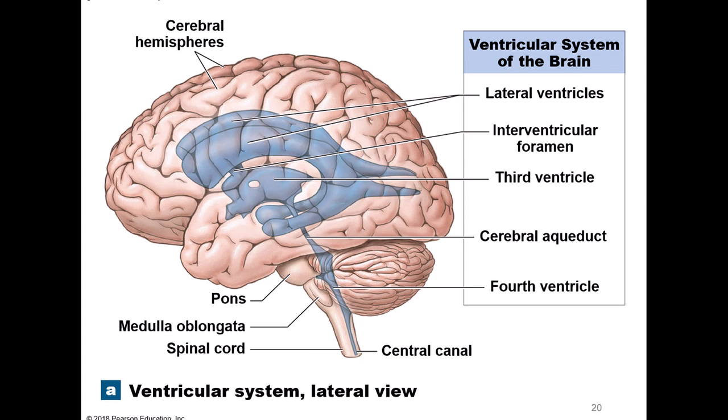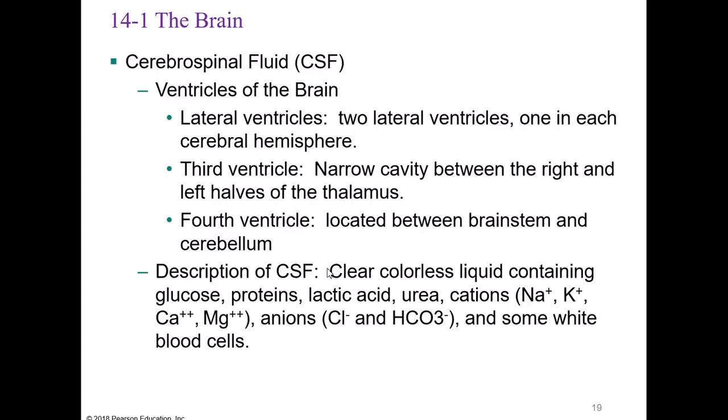Down here, between the cerebellum in the back and the brain stem in the front, this ventricle right in the middle is the fourth ventricle. So it goes two lateral ventricles, a third ventricle, and then down over here, the fourth ventricle, located between the brainstem and the cerebellum.